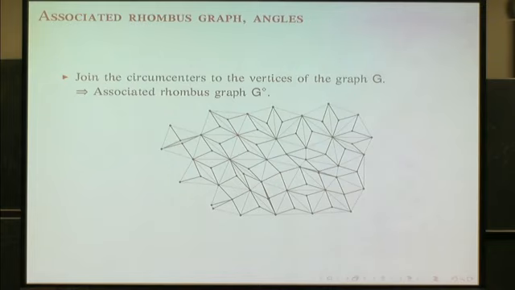Okay, and so when you do this procedure, it's quite easy to see that you get a quadrilateral graph in general. So you can do this for any planar graph taking its dual. But when moreover the graph is isoradially embedded, you have rhombi because all the edges that you have added are radii of circles, and they all have the same radii. So you have quadrilaterals with edges that have the same length, so you have rhombi. Okay, so here is a picture when removing the underlying graph where you really see that you have rhombi.